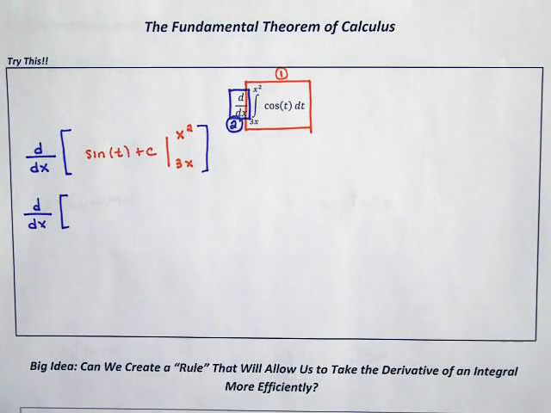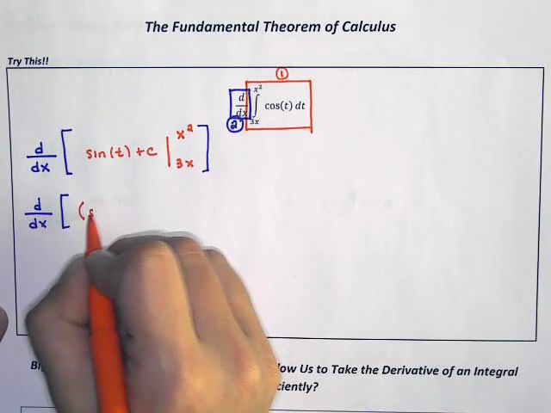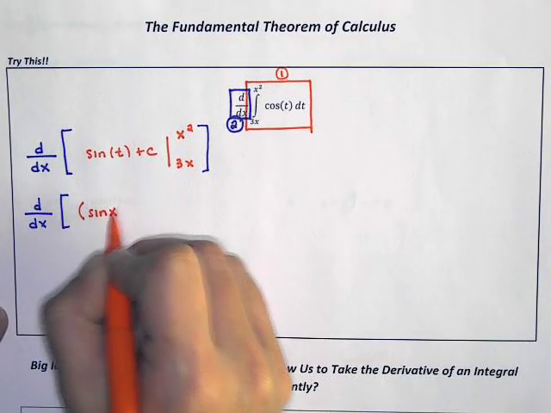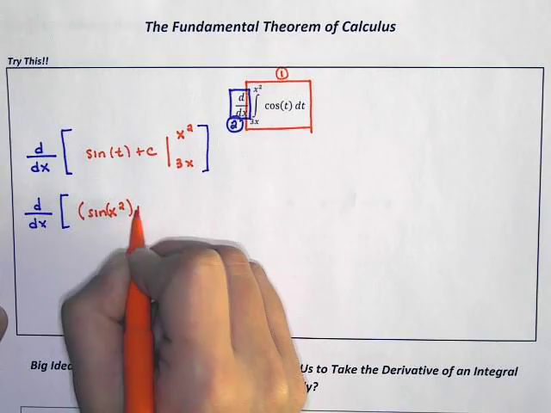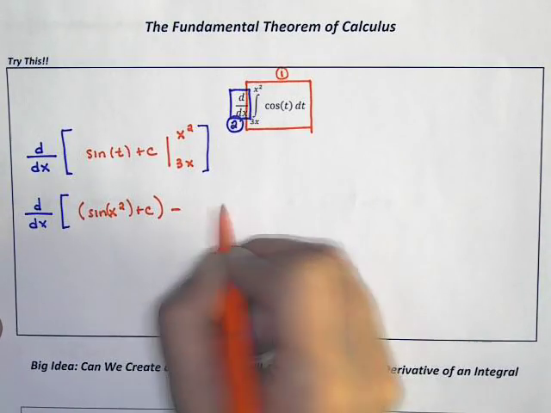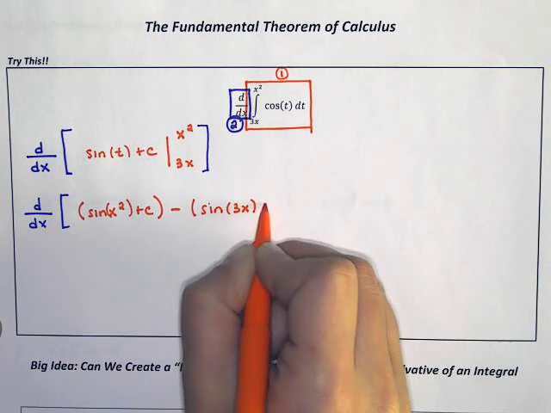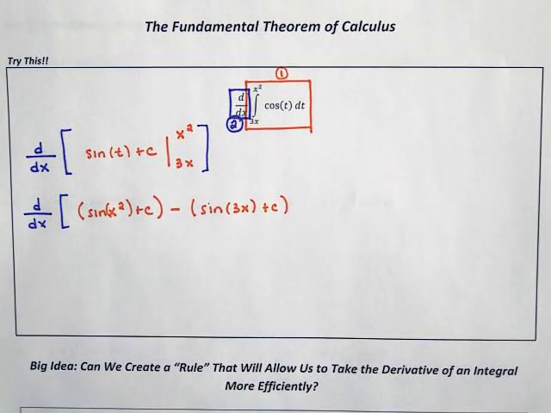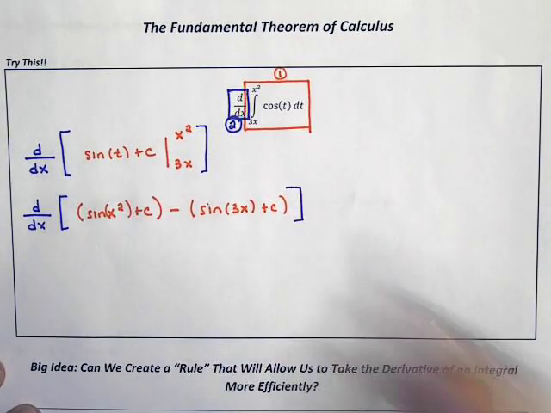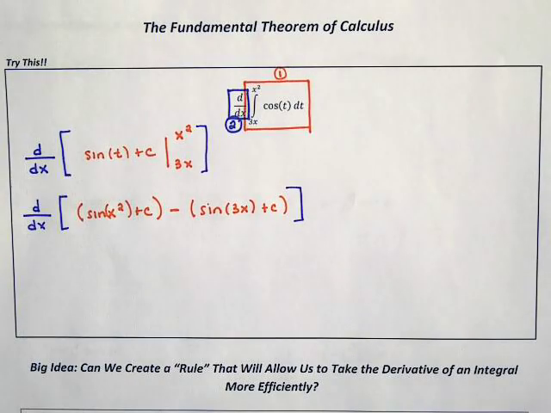So we're going to have sine of x squared plus c minus sine of 3x plus c. And we know from our experiences that when we simplify this and distribute the negative, the plus c's are going to cancel.